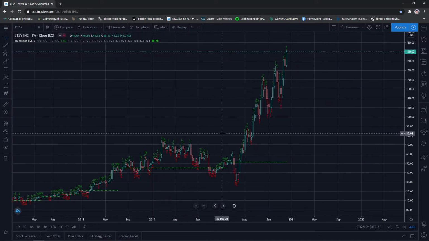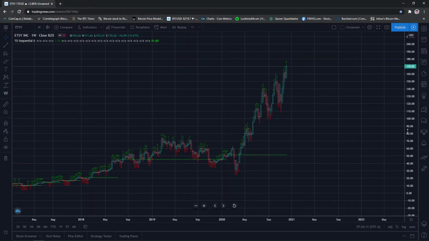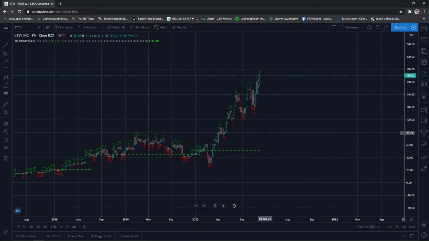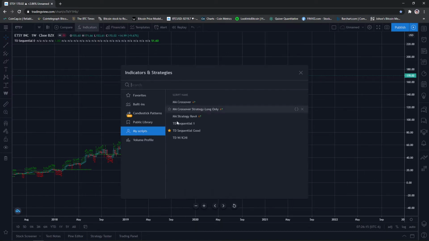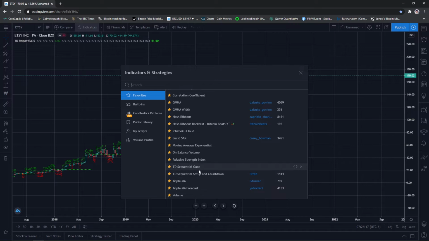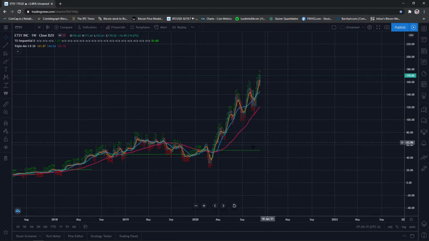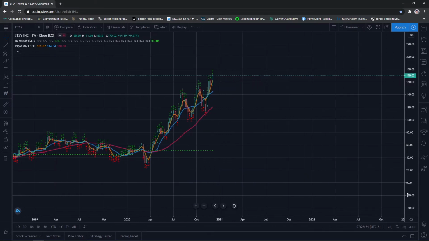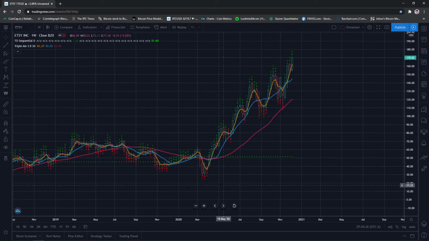And I guess it's like an e-commerce website. So let's look at the 3MA, the triple MA, and show you when it would have told you to go all in on a position.